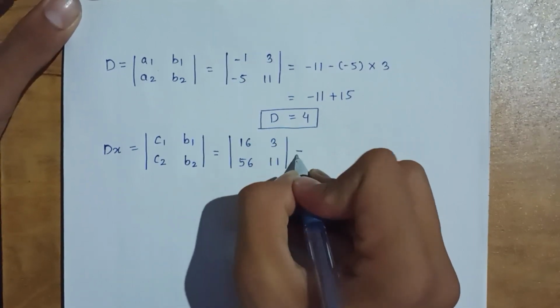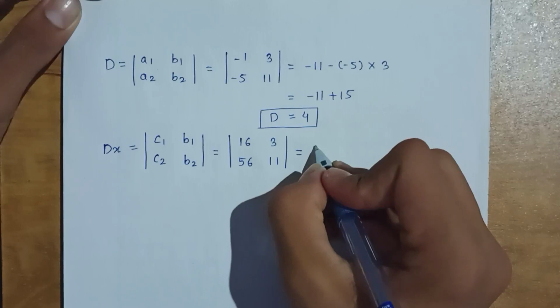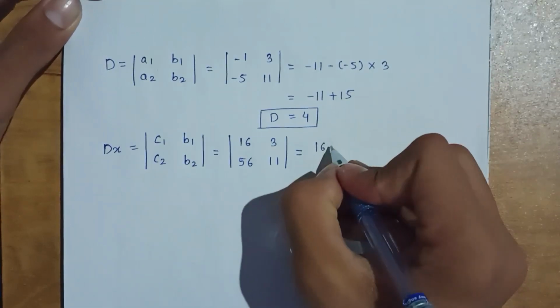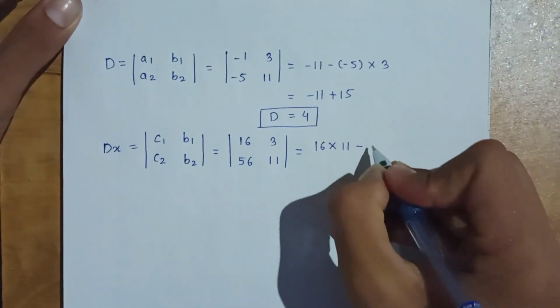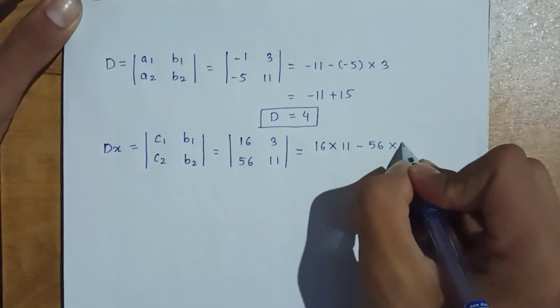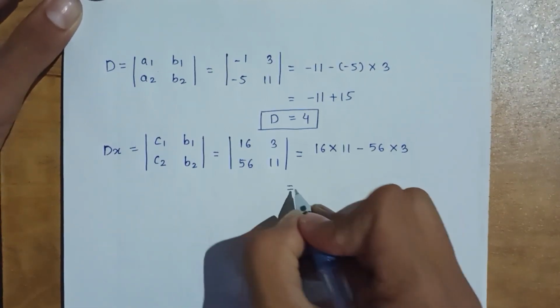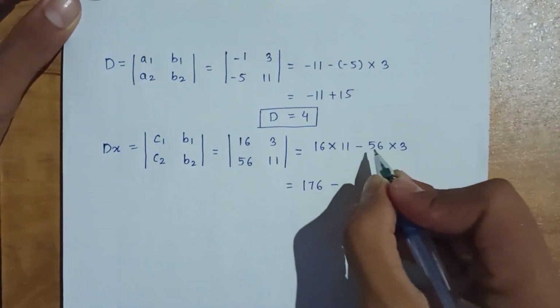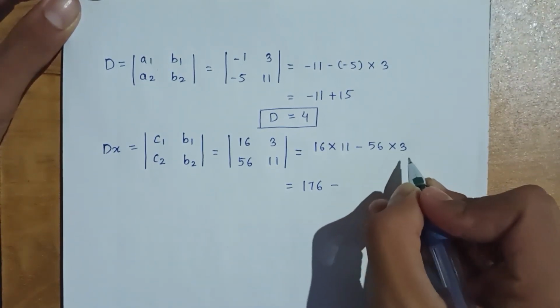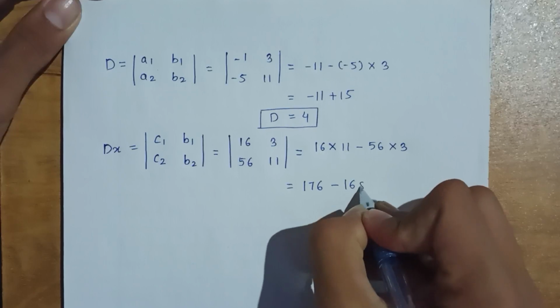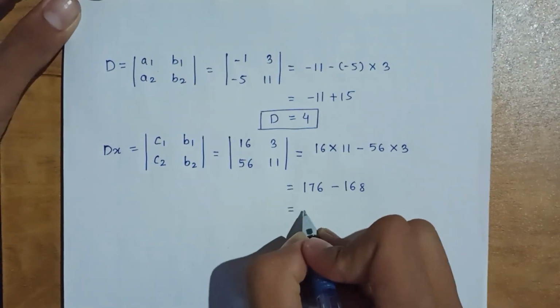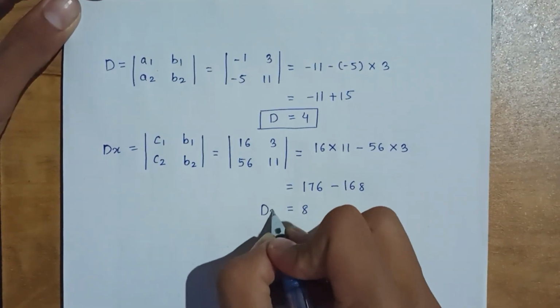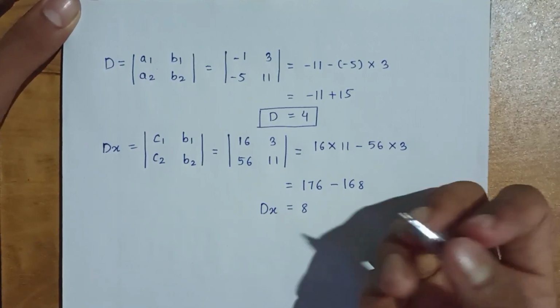Now we will cross multiply: 16 into 11 minus 56 into 3. So 16 into 11 will give you 176, minus 56 into 3 which is 168. So it will give you 8. So the value of dx is 8.